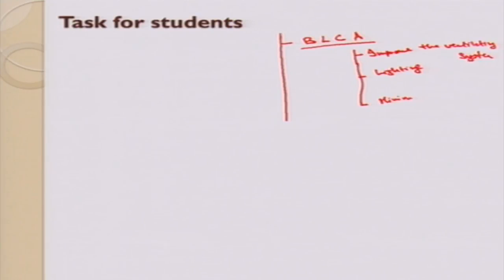However, we have not discussed building life cycle assessment in detail, but you can just see what you can do to improve the ventilating system, to improve the lighting, and to minimize mobility.